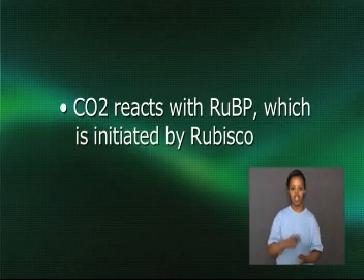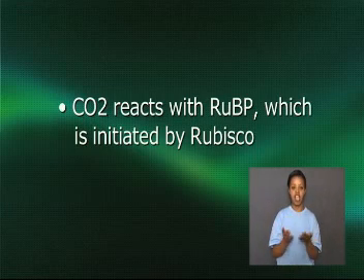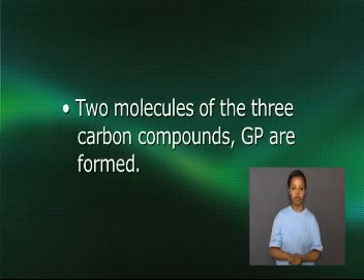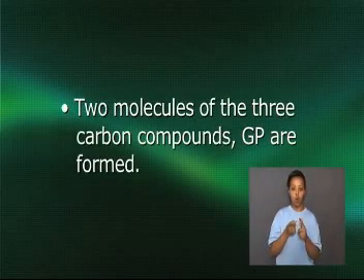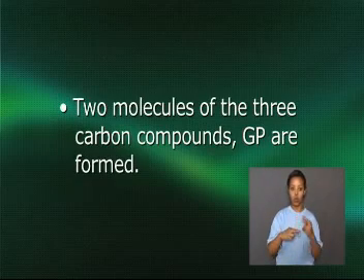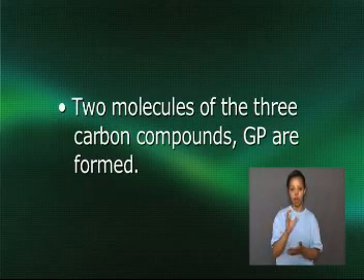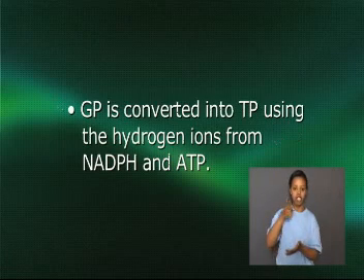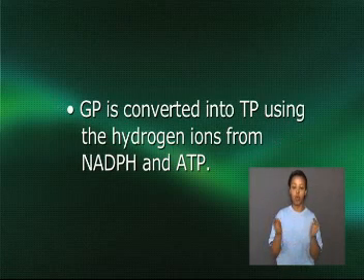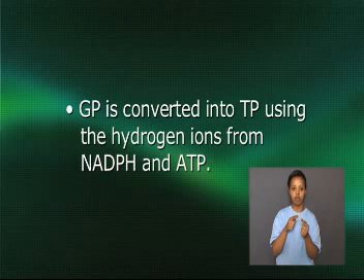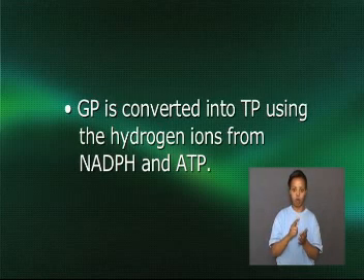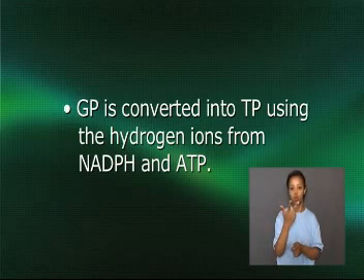The reaction is initiated by the enzyme rubisco. Next, the 2 molecules of the 3-carbon compound, GP, are formed. Each molecule of GP is converted to triose phosphate, or TP, which is another 3-carbon compound.